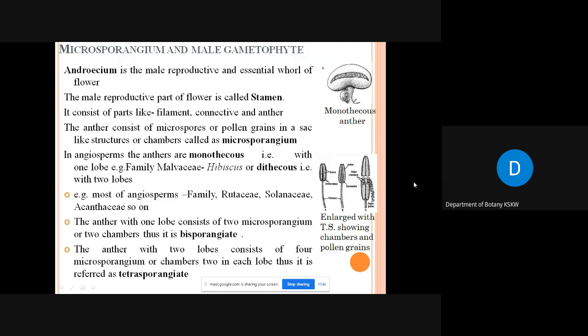The anther contains microspores or pollen grains in sac-like structures or chambers called the microsporangium. In angiosperms, the anthers are monothecous, with one lobe, or dithecous, where you have two lobes, as in hibiscus.